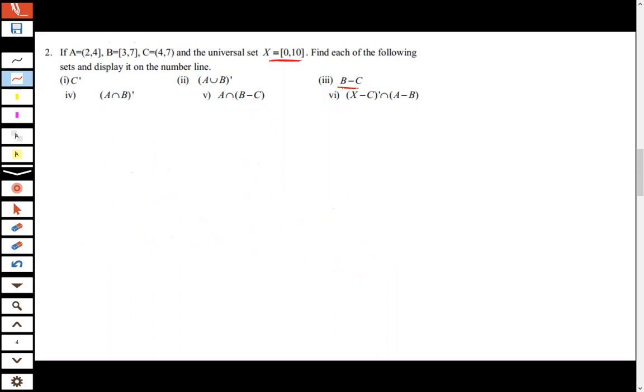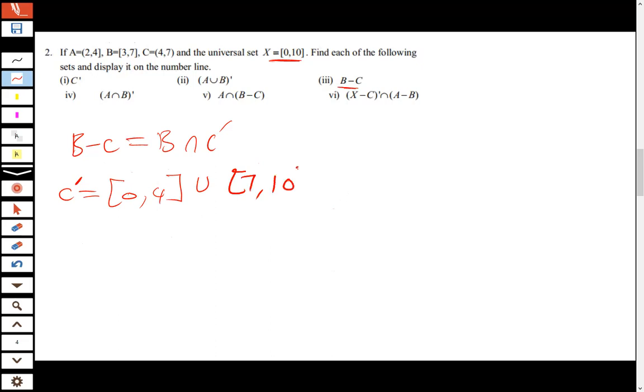I'll pick this one, B minus C. When you say B minus C, it is simply just the same as B intersection C complement. So C complement is what we've just found, which was [0,4] union [7,10].